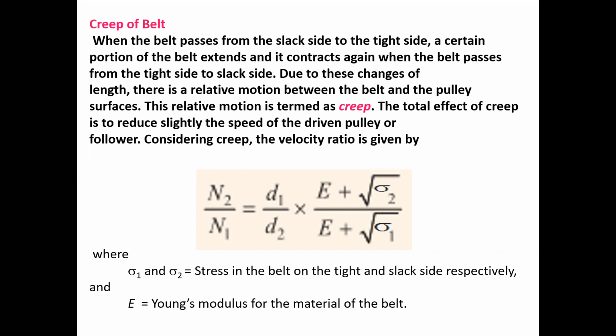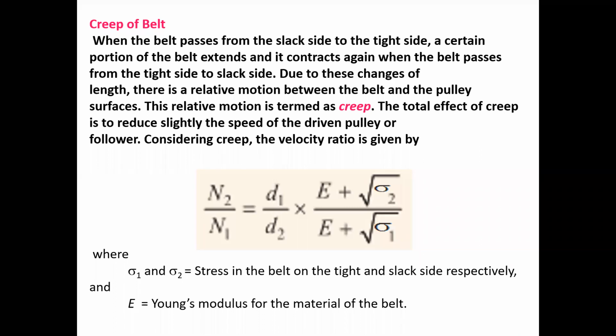So while the belt is running, some changes happen in the belt as it moves from the slack side to the tight side. Sometimes it extends, and sometimes it contracts.